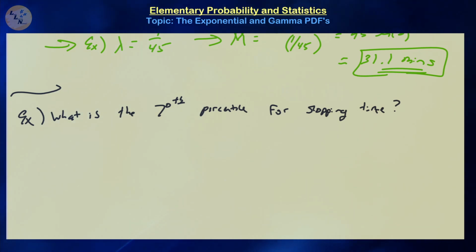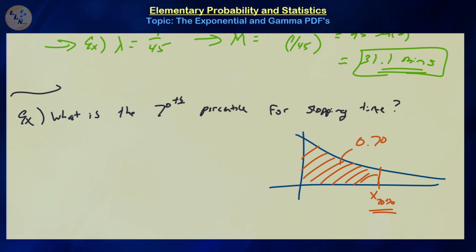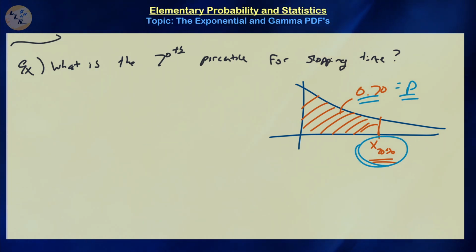So what does that mean in terms of the exponential distribution and its picture? So that means 70% of people spend at most this particular time, right? So this is the 70th percentile which we're interested in finding, right? So one can find this particular number, and let's assume that this is just some arbitrary value, p.